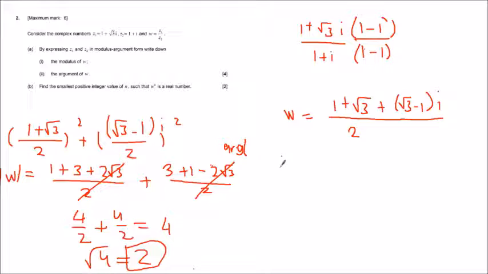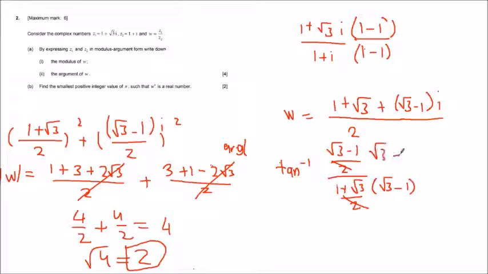We're going to take the inverse tangent of y over x. So y means this over 2, and x is this. So 1 plus square root of 3 over 2. The 2s divide and cancel. We've got to rationalize our denominator.